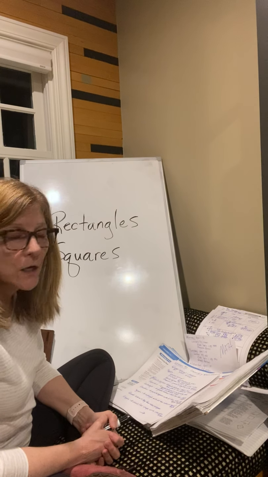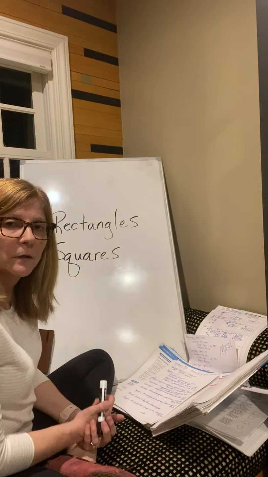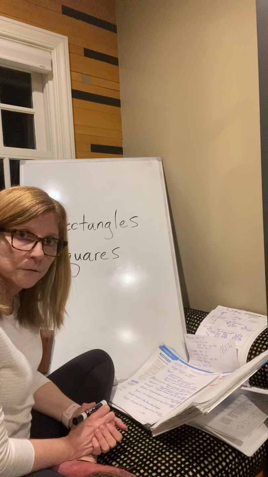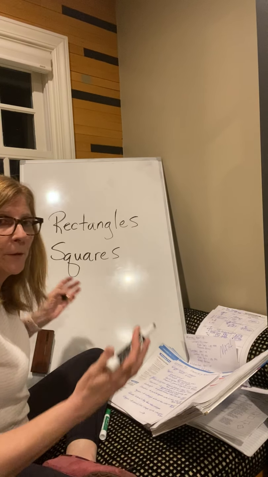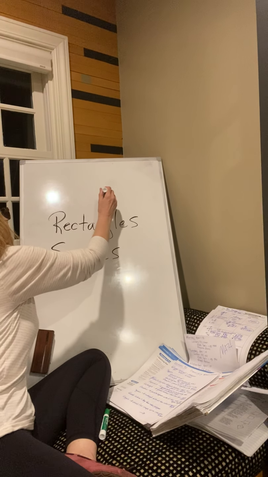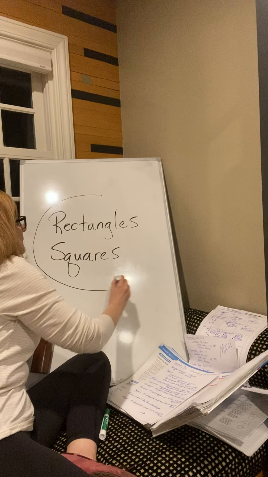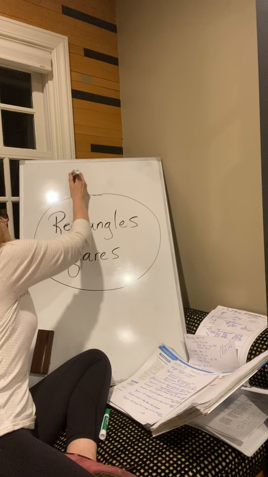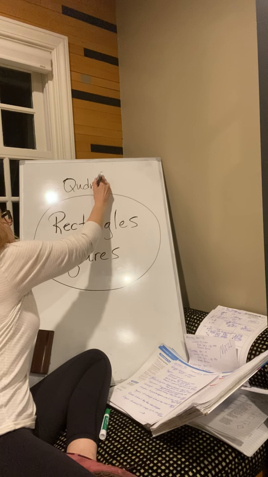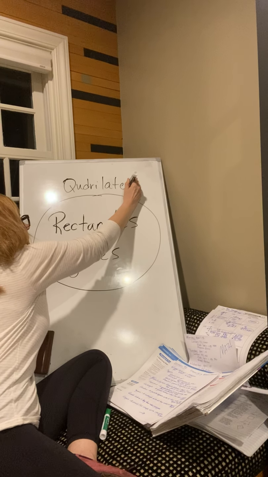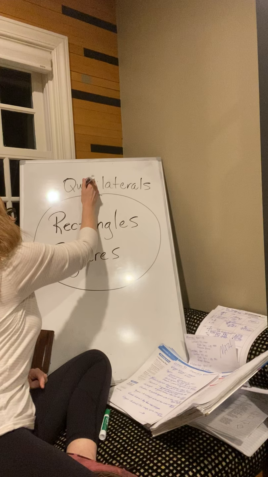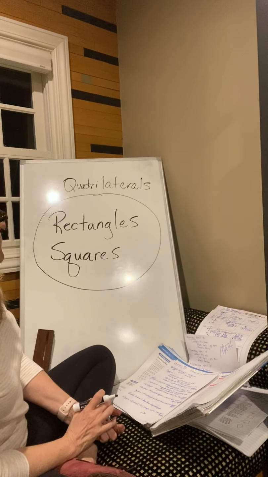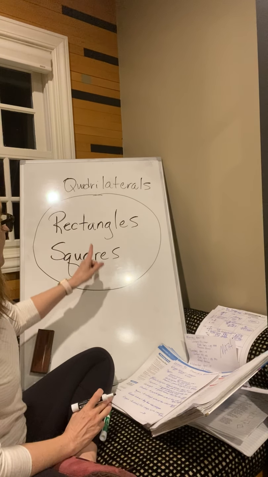Yes. Are all squares quadrilaterals? Yes. So if we were going to do a Venn diagram, how about we spell it right? Quadrilaterals, we would have rectangles and squares.